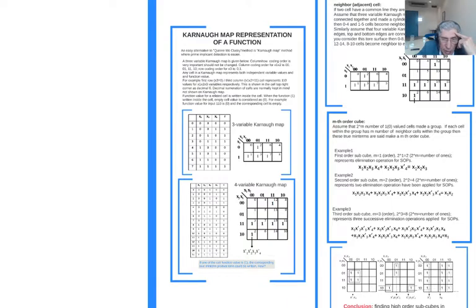So the property of cells 2 and 6 is that they are neighbor cells, isn't it? 2 and 6 are neighbor cells. What I mean by neighbor cells is that they differ in only one variable, so I call them neighbors. 0 is neighbor to 1, but 0 is not neighbor to 6, while 4 is neighbor to 6. Cell 7 is neighbor to 6, and cell 3 is neighbor to cell 2.